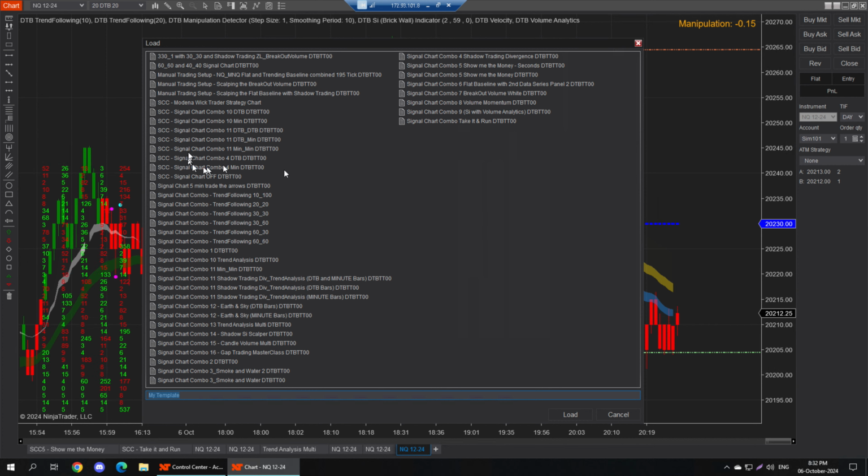It's really helpful to look through chart templates, even the ones that I created yesterday for you guys. There's some here like the 60-60. It will be great for the US session. That's a good option there.